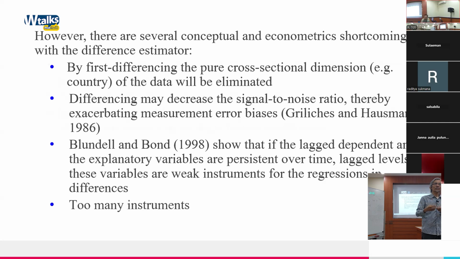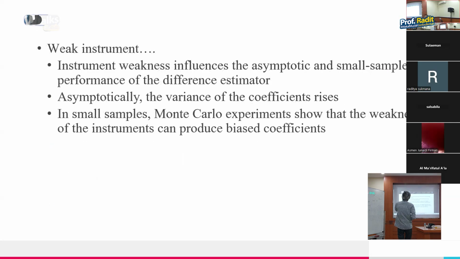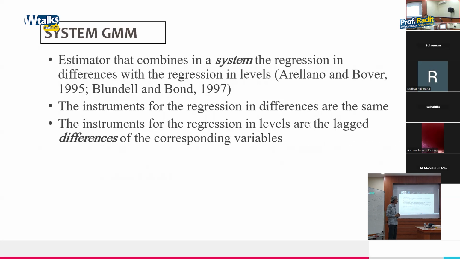So as a result of that, you maintain both, which means you use both the level equations and the first difference equations. And that one comes, the next one, what we term as system GMM, right? So you run both equations.